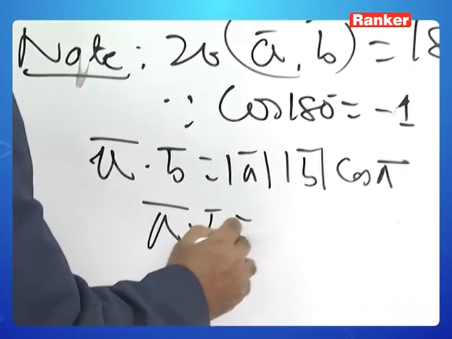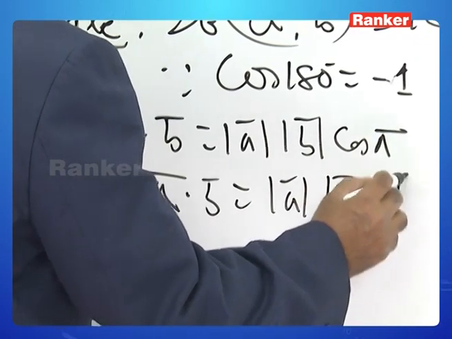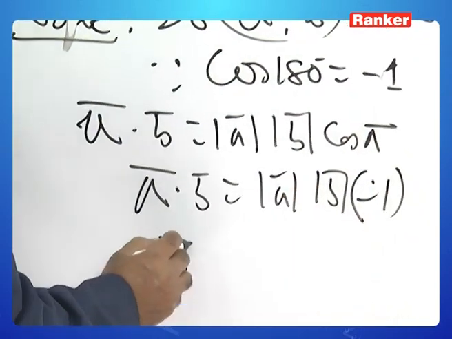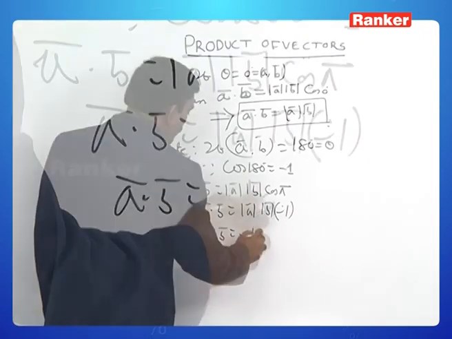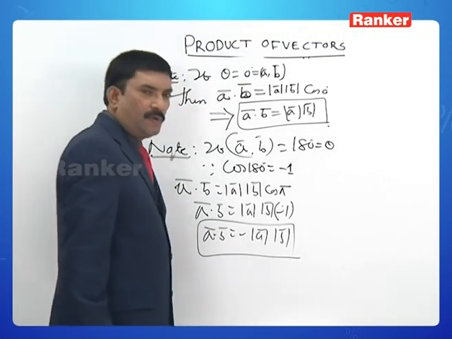This is minus 1. Therefore, a bar dot b bar is equal to minus a into minus b.